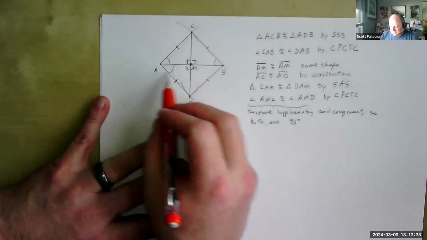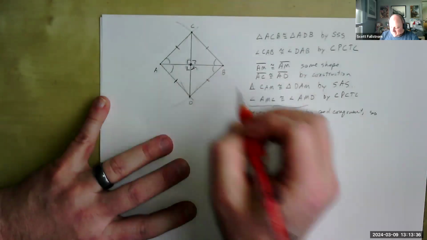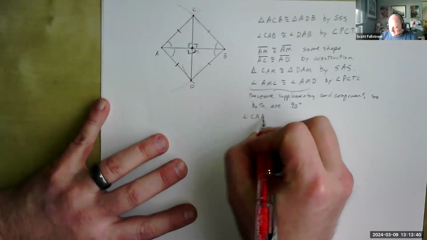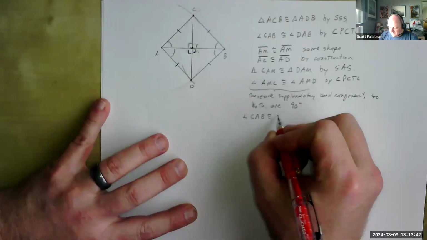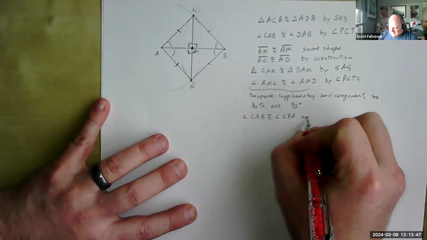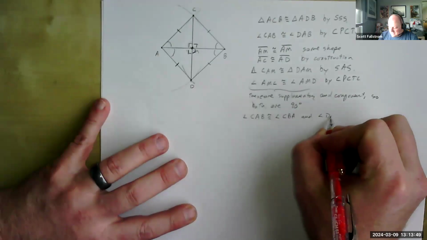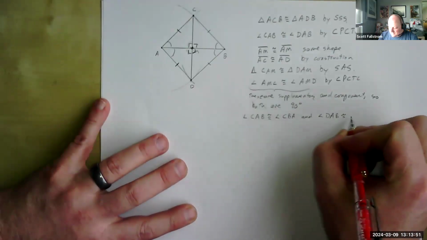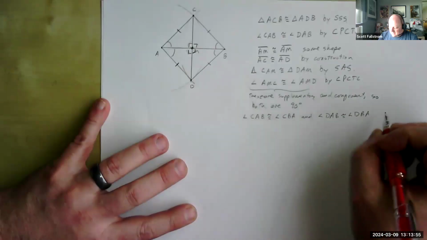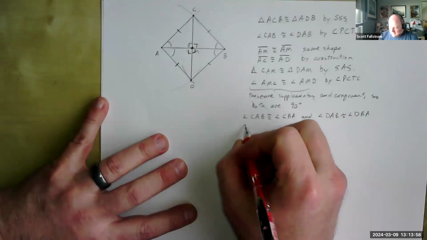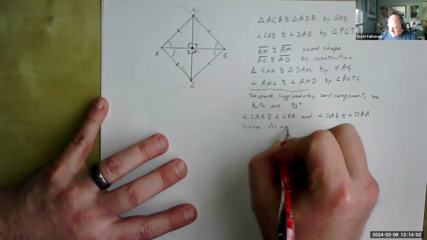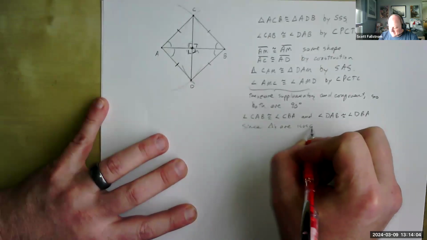And likewise, for the triangle underneath, I could pick this up. So angle CAB is congruent to angle CBA, and angle DAB is congruent to angle DBA, since the triangles are isosceles.